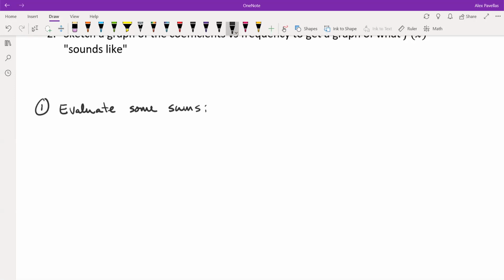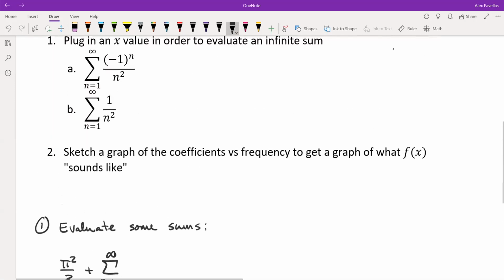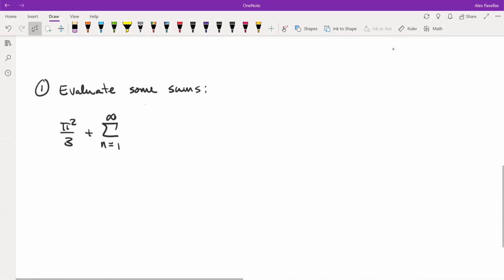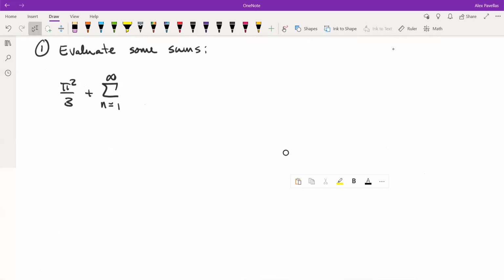All right, so I'm going to write the Fourier series here. So this was pi squared over 3 plus the sum as n goes from 1 to infinity of a_n, and a_n was 4 times negative 1 to the n over n squared, and then that times cosine nx.